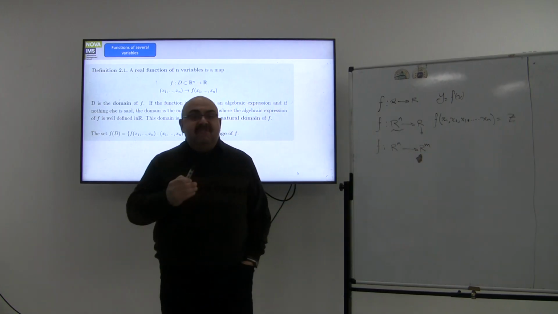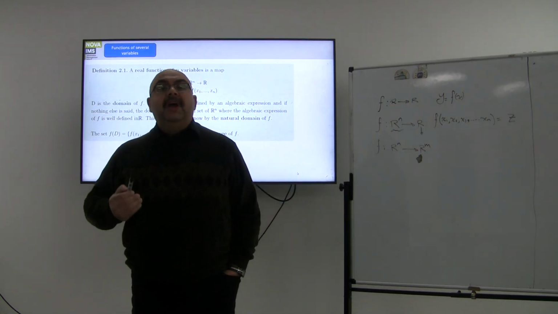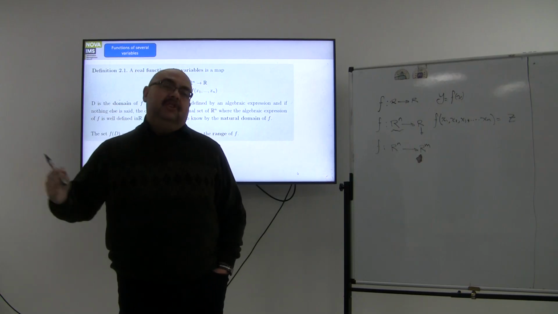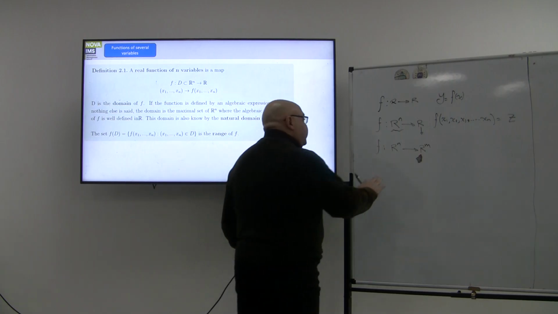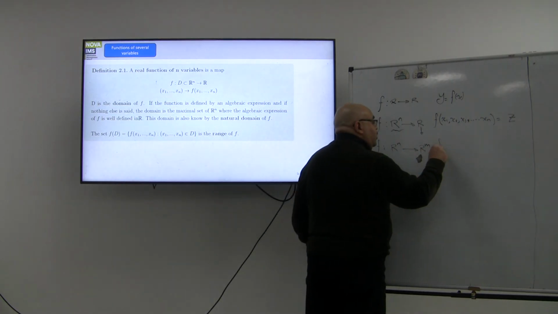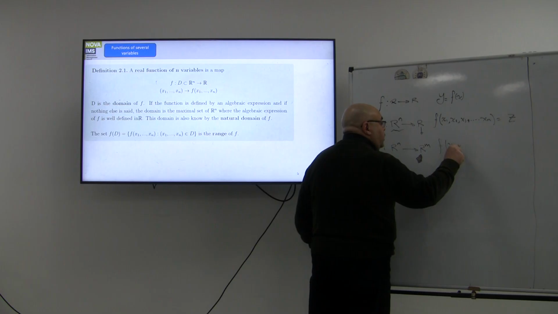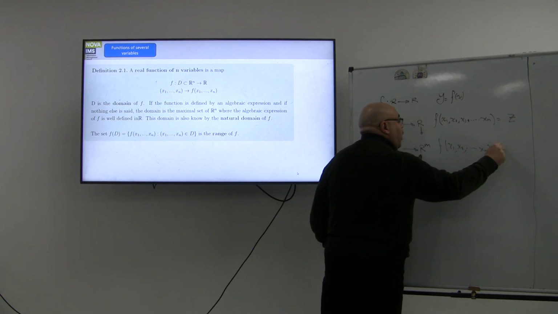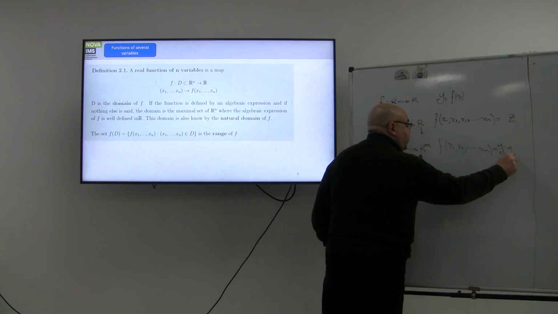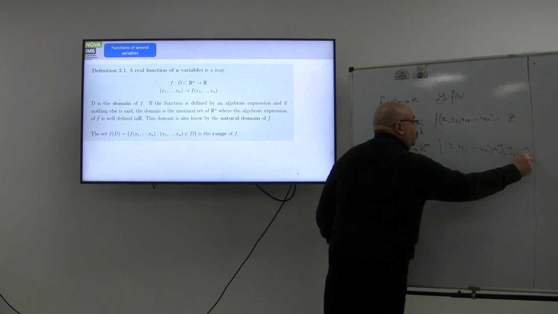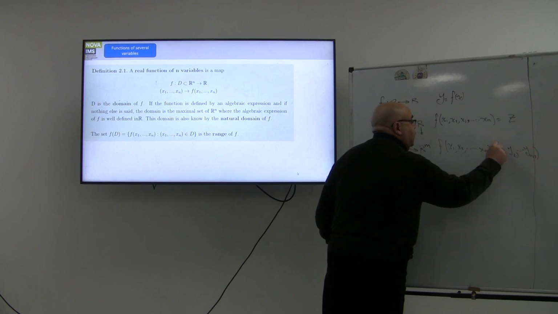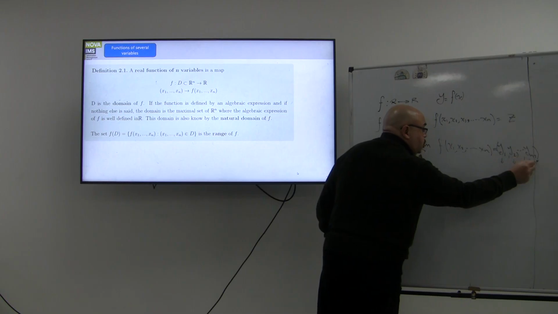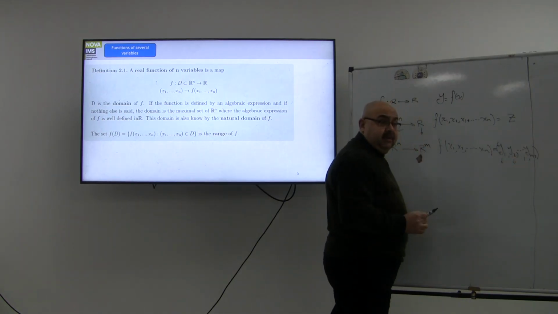This is called a vector-valued function, where the output is not going to be one function, but several functions. So simply, this represents f, where the input is x1, x2, up to xn, while the output is y1, y2, up to ym. Each one of these is a function by itself.